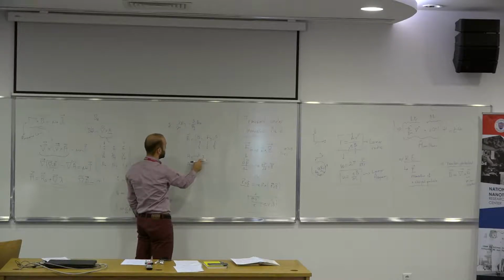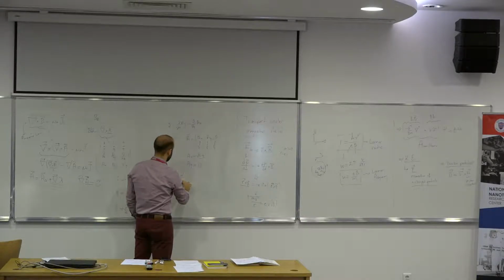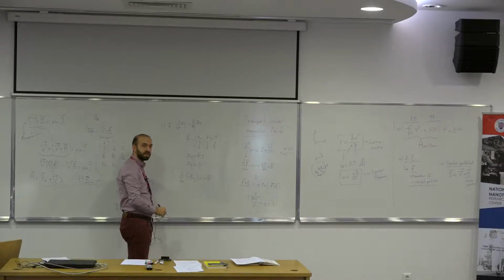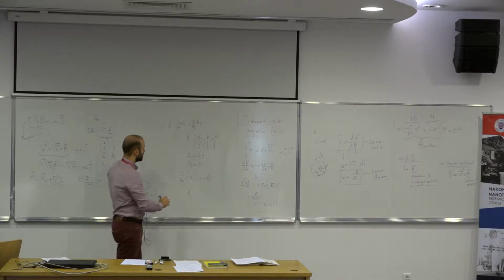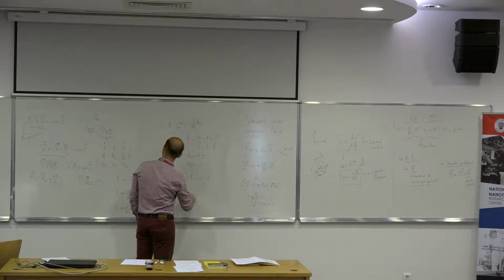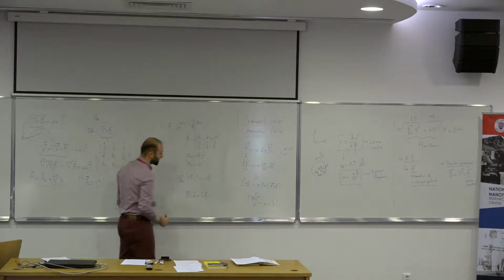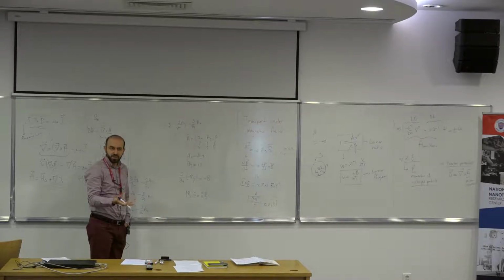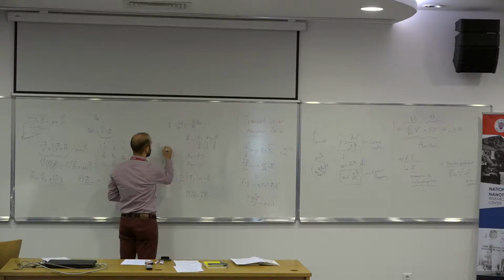Del Y acting on AX, so del Y acting on minus BY, will give me minus B. So overall, yes, we have a minus sign here as well. So my B is going to be B Z hat. One minus sign here, one minus sign here, is going to be this. So one choice of vector potential would be this. My vector potential overall is minus B Y, 0, 0.